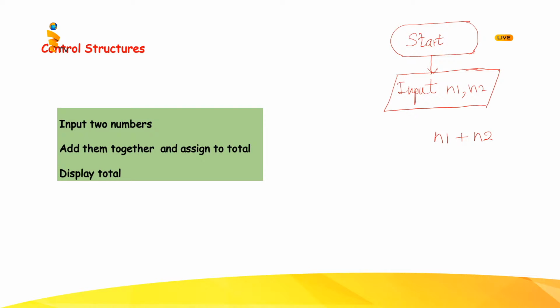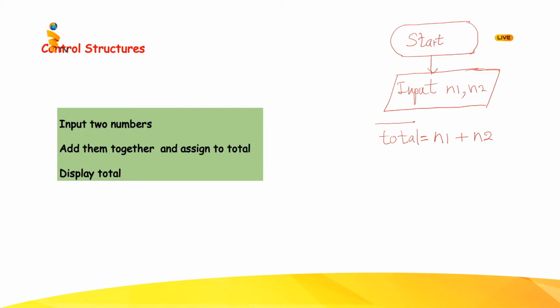Now, I am going to store the addition in total. How can I say that? Total. So, I am going to store the value in total and I put an equal sign to indicate that I assign them. So, what is this? This is a calculation, a computation. So, this is a process.